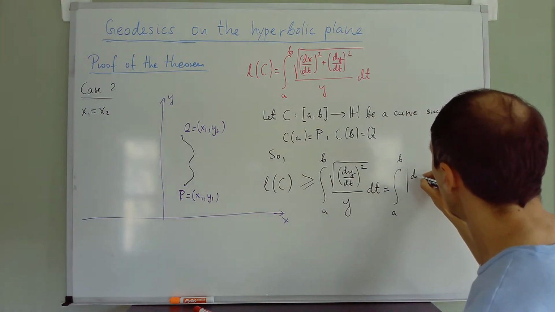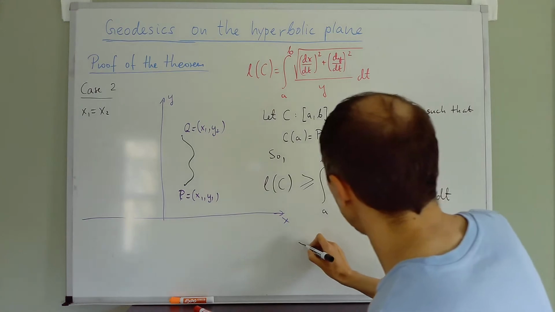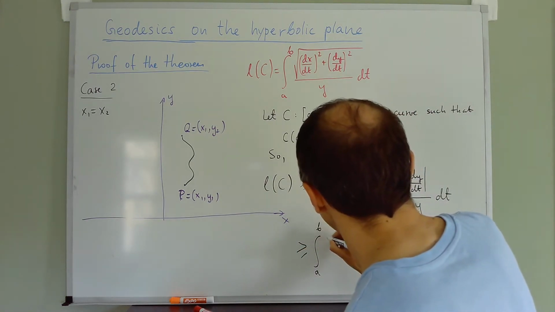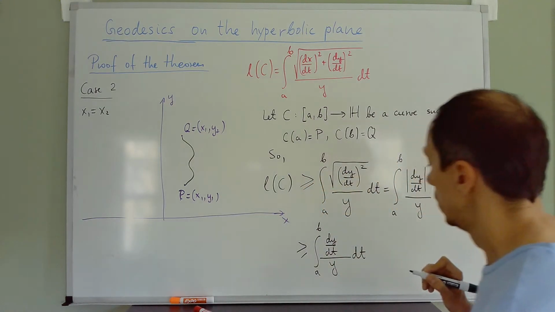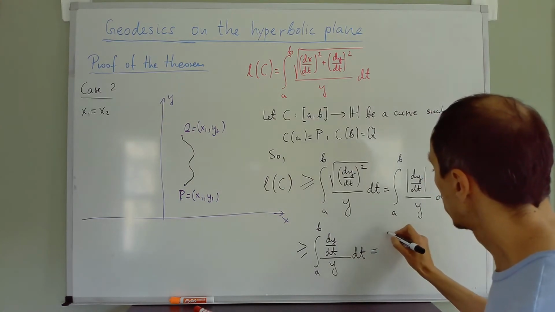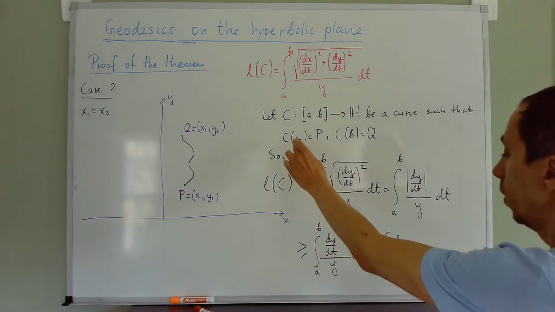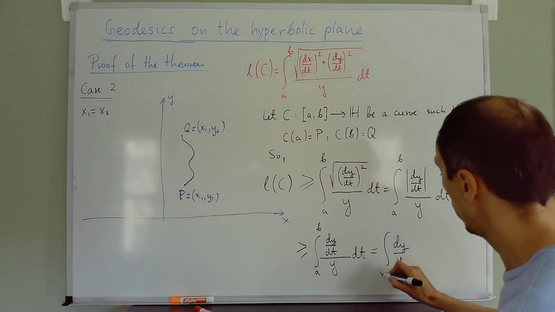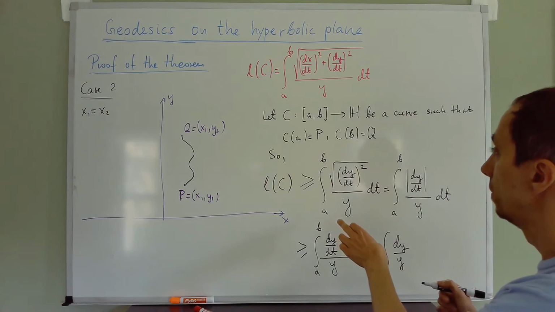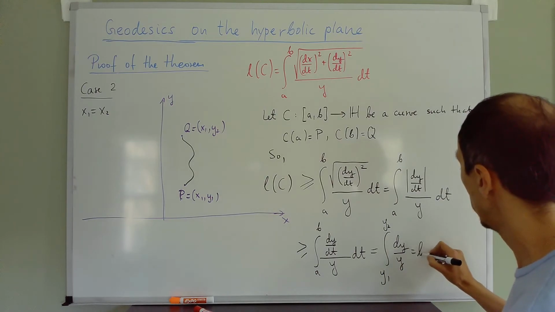That's the absolute value of dy over dt divided by y dt, which is greater than or equal to the integral from a to b of dy over dt divided by y dt. Again, change of variable, and this gives you the integral of dy over y. But now, when t was a, I got P, and P has y coordinate equal to y1. And when t is b, I get Q, and Q has y coordinate equal to y2. So that is just the natural log of y2 divided by y1.